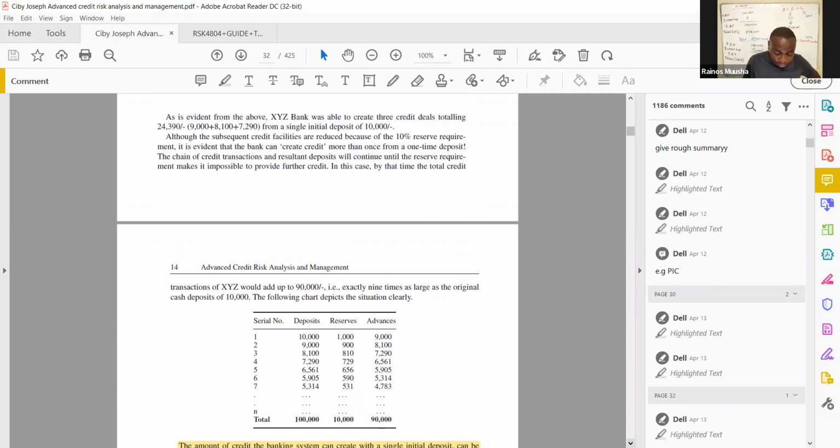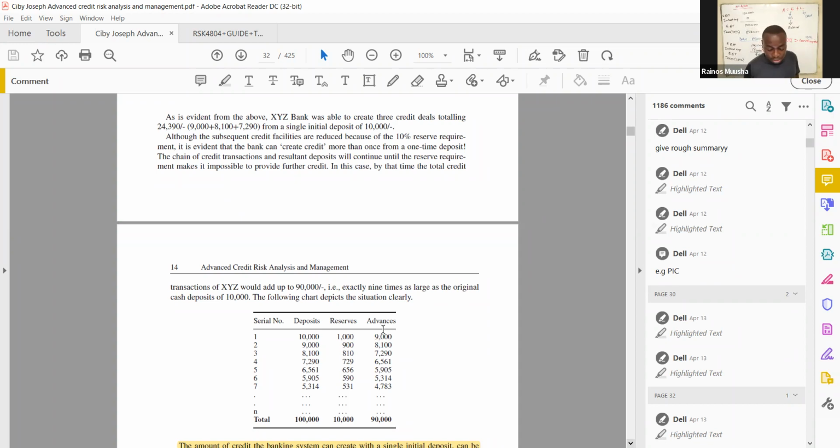For example, you have a bank required to maintain 10% in reserves, which means whatever money customers deposit, the bank has to keep 10% of it. In the first transaction, the bank gets a 10,000 deposit from the customer. They maintain 1,000 as 10% in reserves, which means they can now give out credit of 9,000 to other customers.